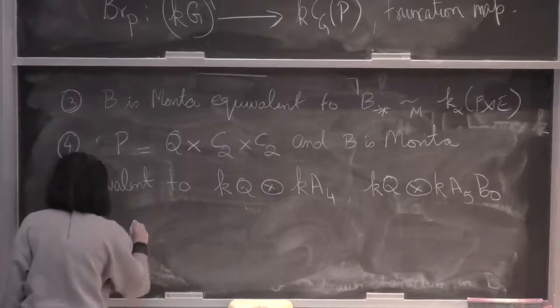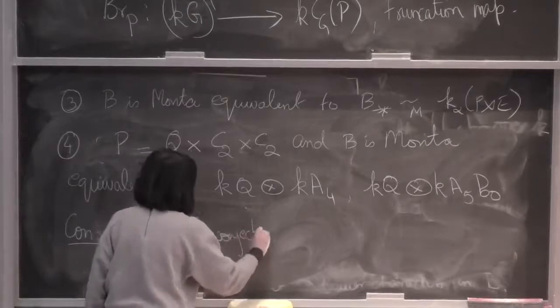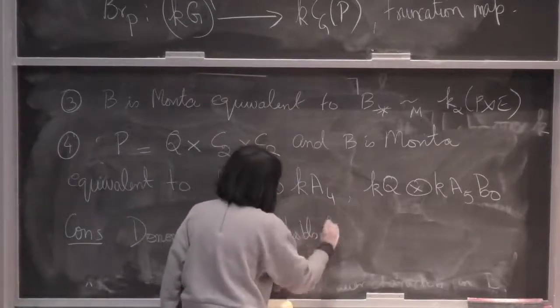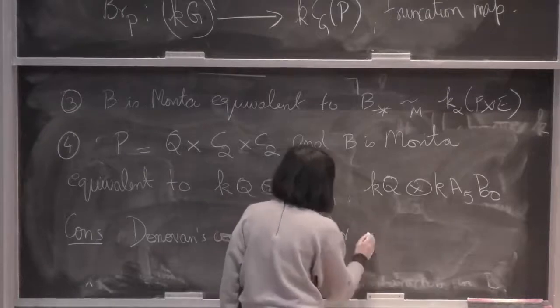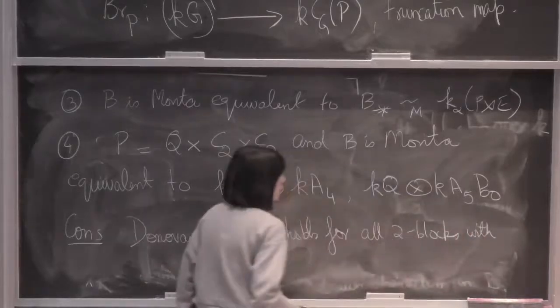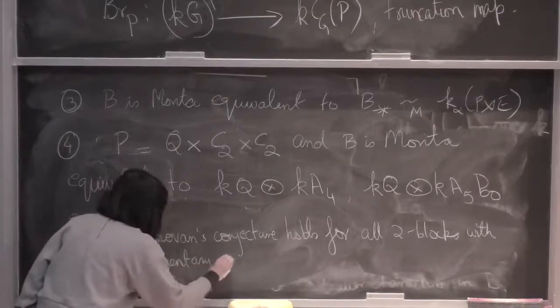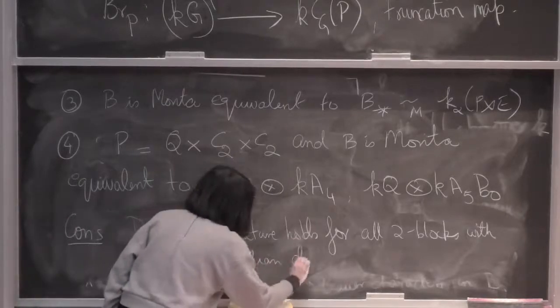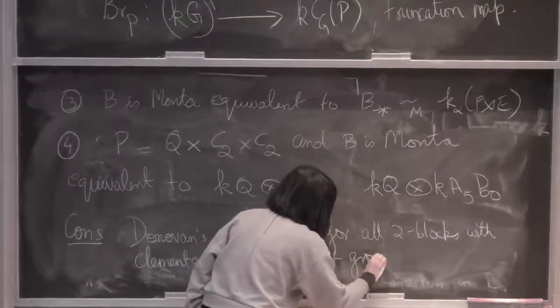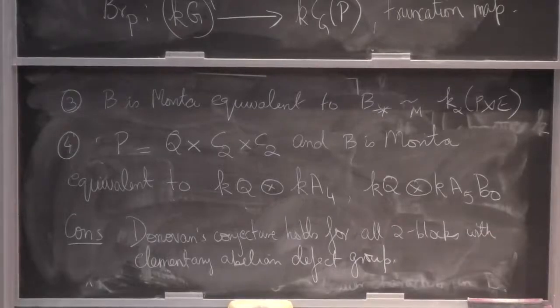There's more, but Donovan's conjecture holds for all 2-blocks, not just for simple groups, but any group with elementary abelian defect groups, and so on. You can also say, okay, Brauer's conjecture holds, and so on. Okay, so I think this is a good time for me to stop.